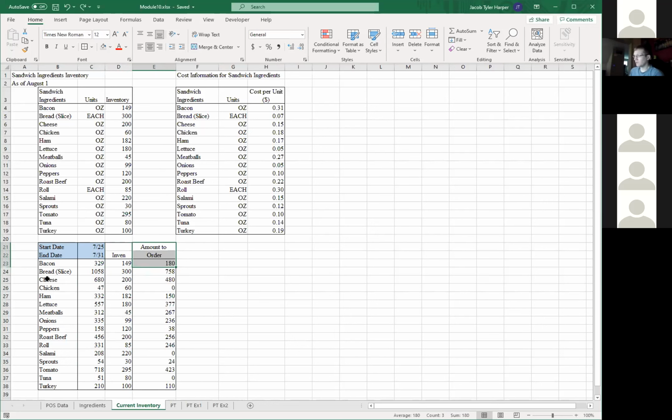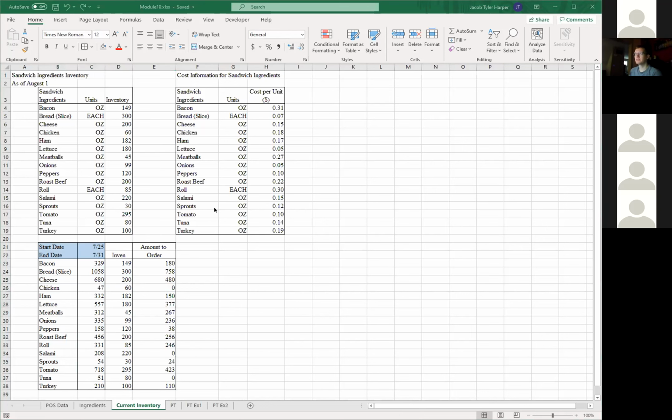The only weird part is when you need 47 ounces of chicken, but you already have 60, then you don't need to order anything. So what I have over here is an if statement that either puts a 0 there if I have enough already, or tells me how much I need to order by comparing these two numbers. And that's the last question in part 4.